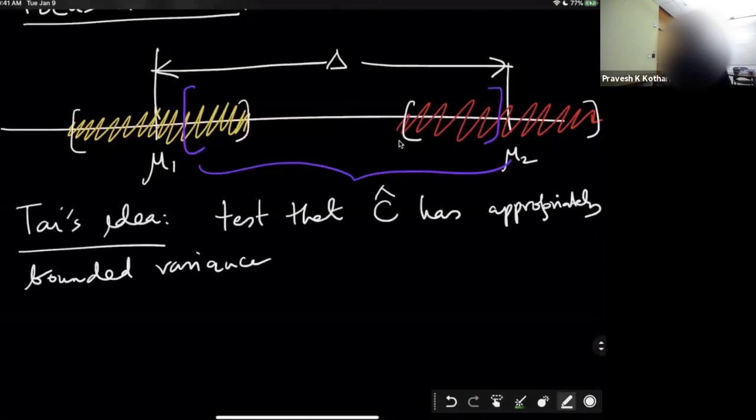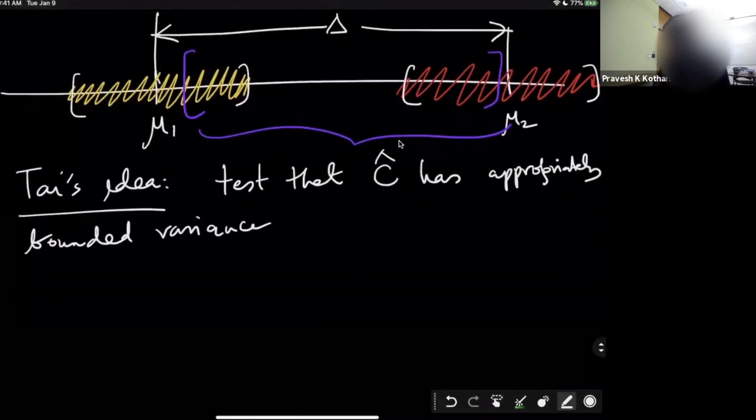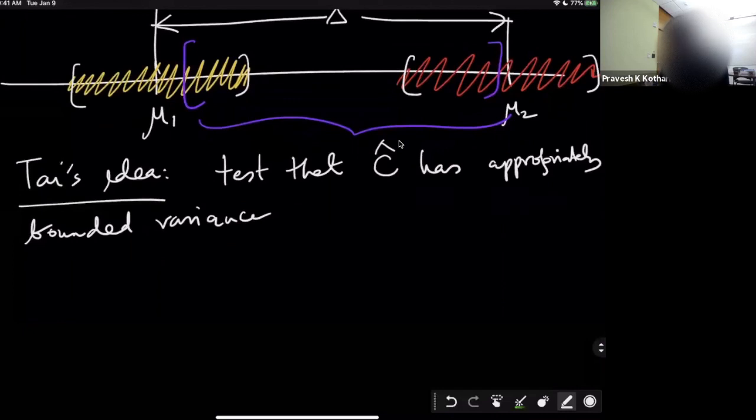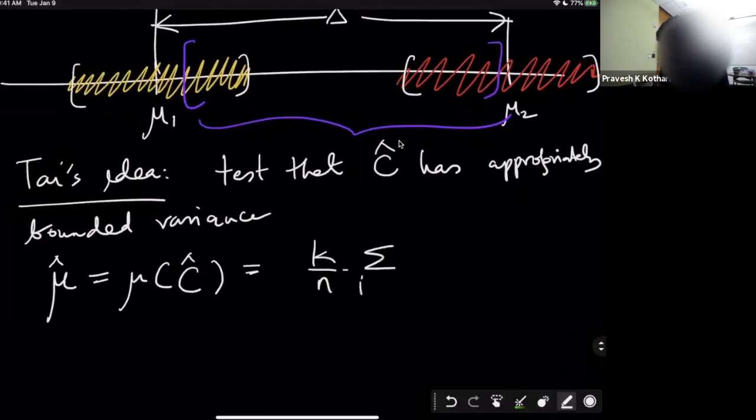Okay, and in fact we can determine what that appropriate number is very easily. But before that, let's set some quick notation. Let's call mu hat the mean of C hat, which is simply equal to k over n, the empirical mean of the points in C hat.